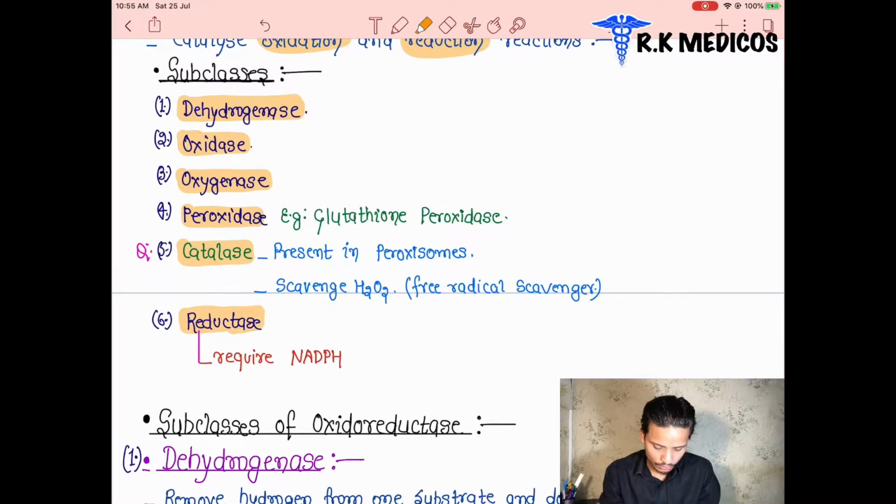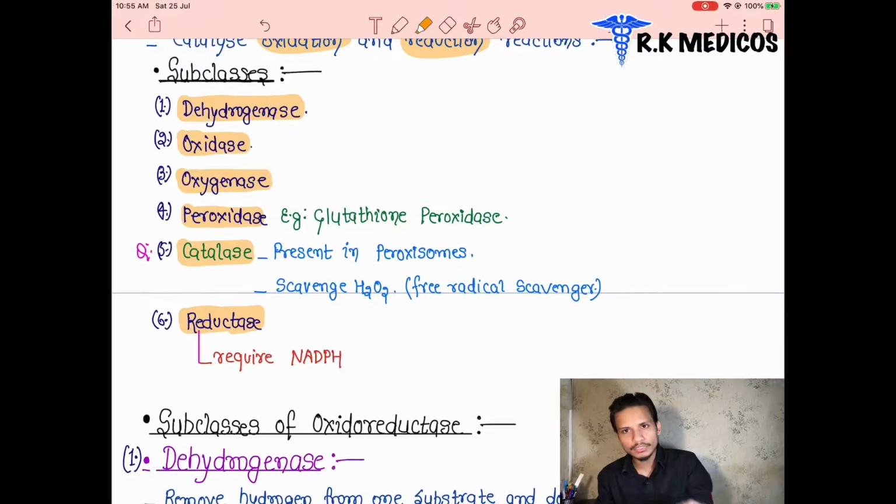So these 6 different types of enzymes are in the first class, which is oxidoreductase. They basically do oxidation and reduction reactions. The subclasses are dehydrogenase, oxidase, oxygenase, peroxidase, catalase, and reductase. All of these are included inside one single group called oxidoreductase.